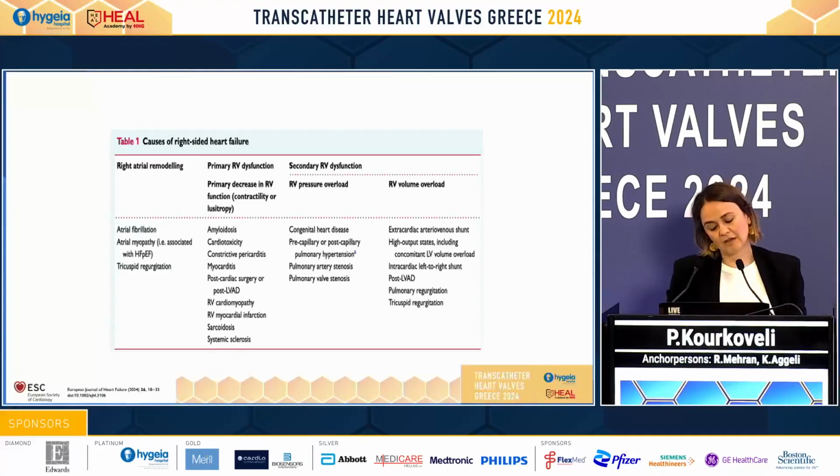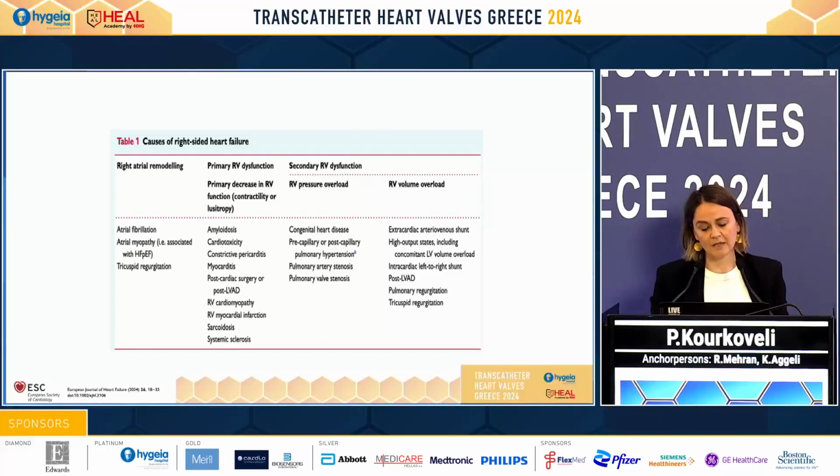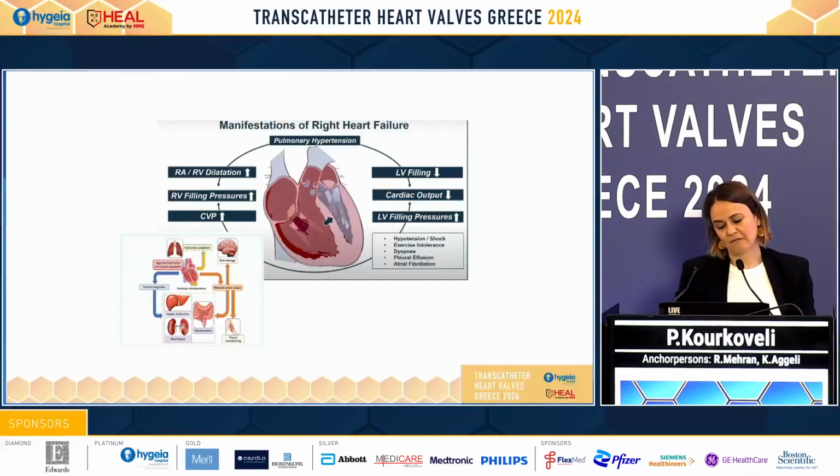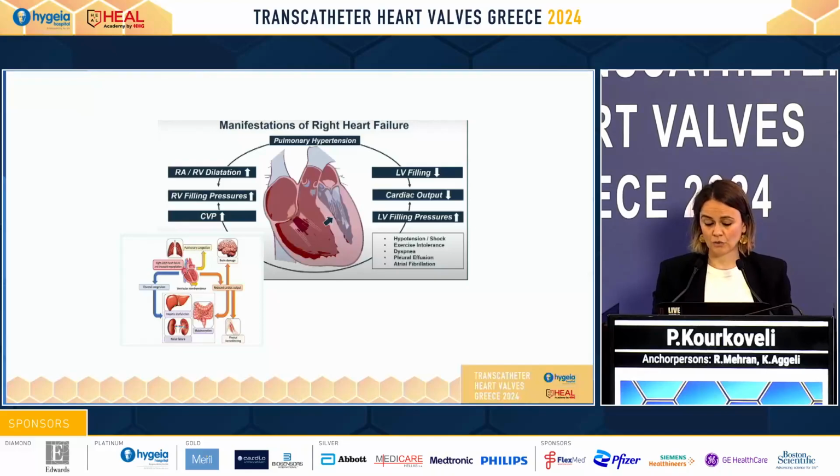So when we have right ventricular dysfunction, it could be either primary, due to decreased RV contractility, or secondary, due to RV pressure or RV volume overload or right atrial remodeling. The cardiac alterations in patients with right heart failure can vary depending on the cause.